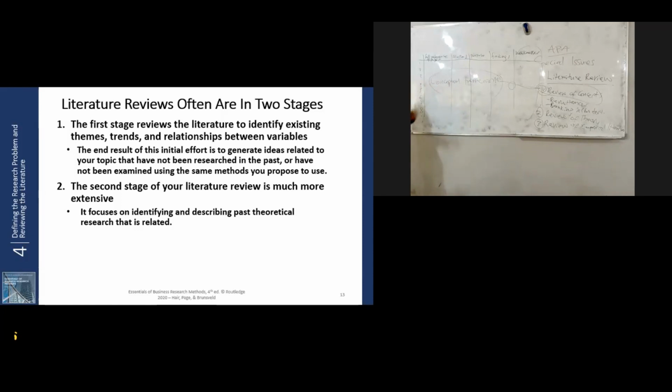I'll tell you how a conceptual framework looks in our context. But the conceptual framework basically will tell you the linkages that exist among the variables under study. The causal linkages and relationships.